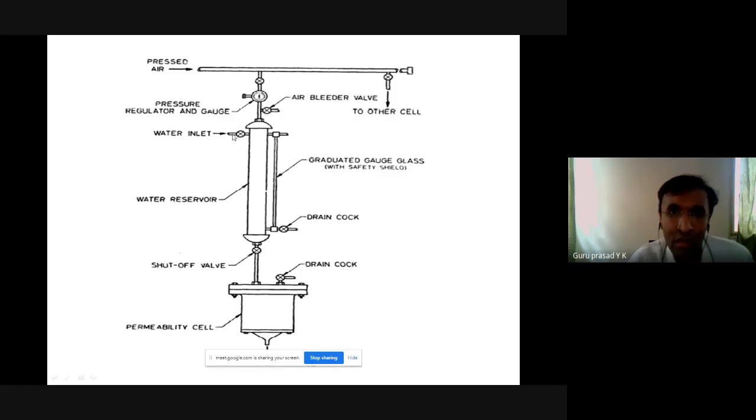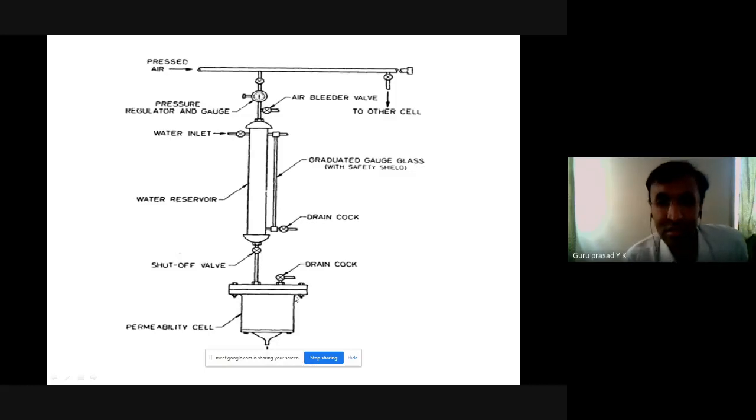A water inlet comes through that, and you maintain it at a certain pressure through the pressure gauge. You inlet the water at a certain pressure through the inlet valve here, and this water, at a certain pressure, comes onto the top surface of the concrete cube.